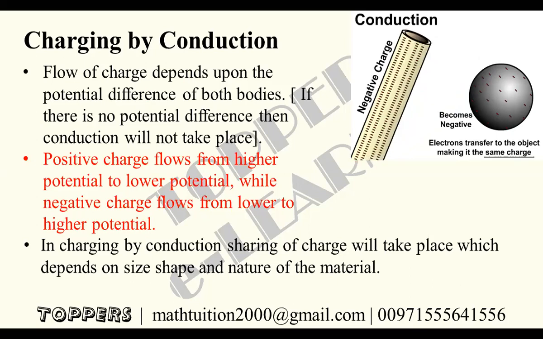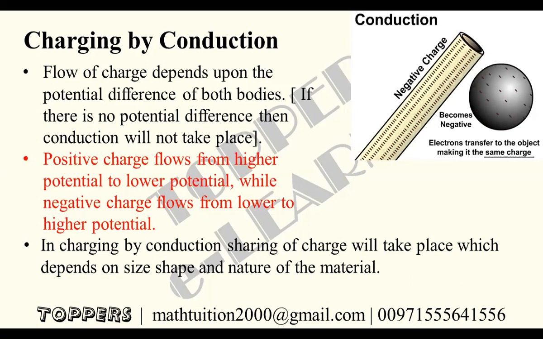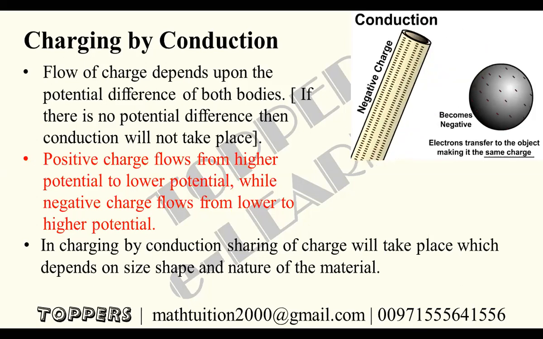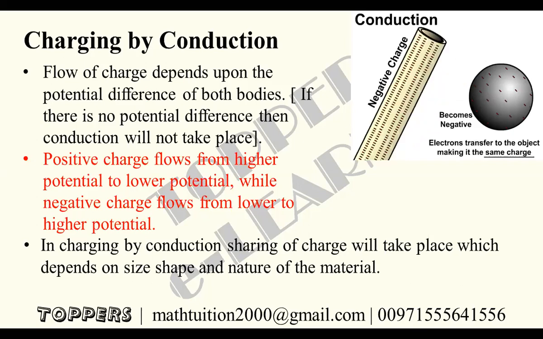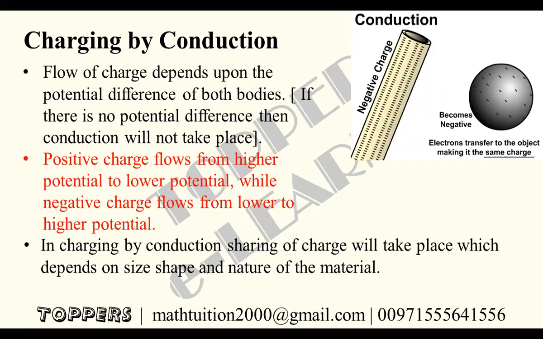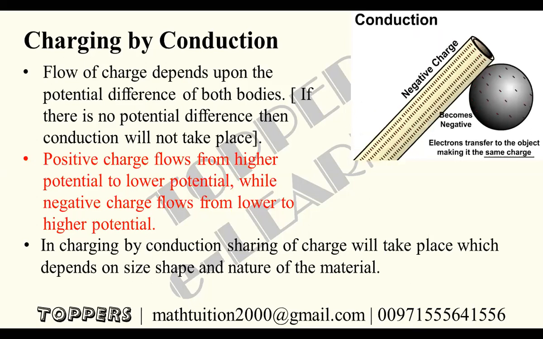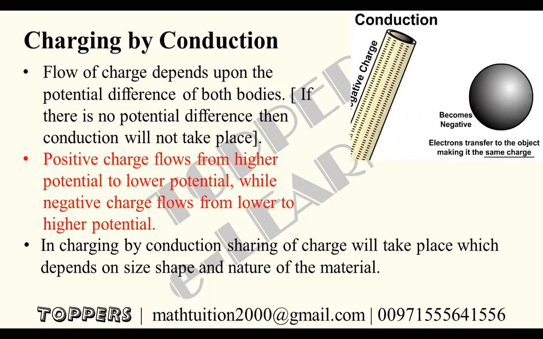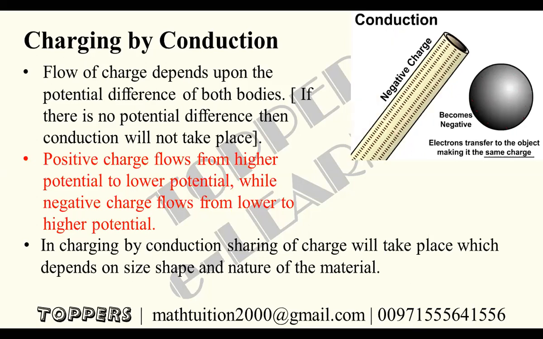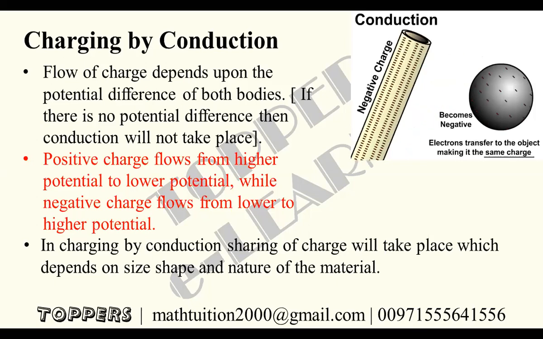If the charged body and uncharged body are both the same shape, size, and material, then the charge will be distributed equally. If the charged body has 10 positive charge, it will give 5 positive charge to the neutral body. It means from the neutral body, 5 electrons will be transferred to the positively charged body.